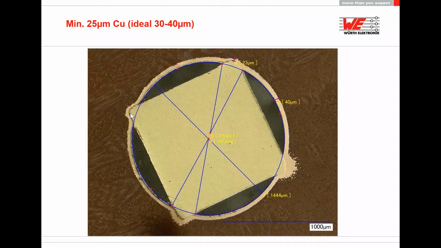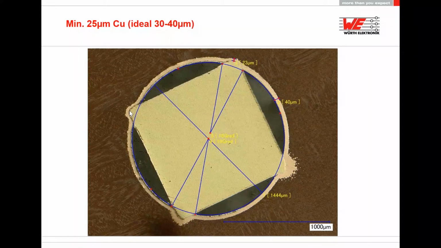If we have nickel in between on the ENIG plated PCB, the friction is less, and the cold welding is not as good as we have with the tin plated PCB. And finally, the holding forces are also less when we compare ENIG to chemical tin, but the holding forces of ENIG are still enough to fulfill the requirements of the press fit standard.